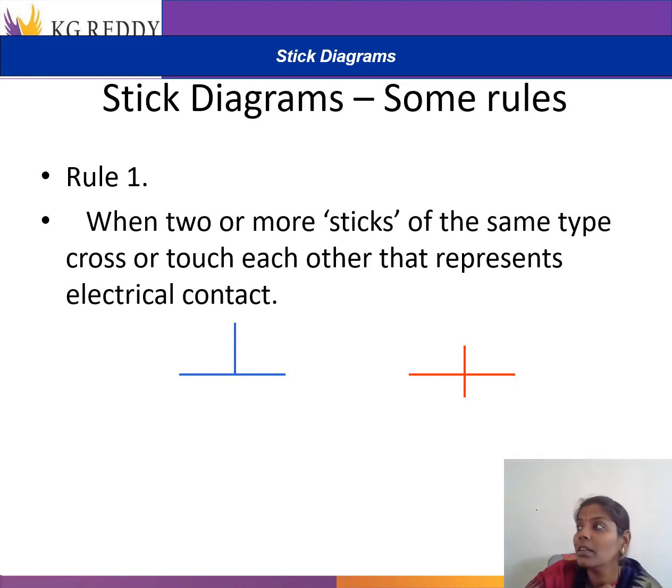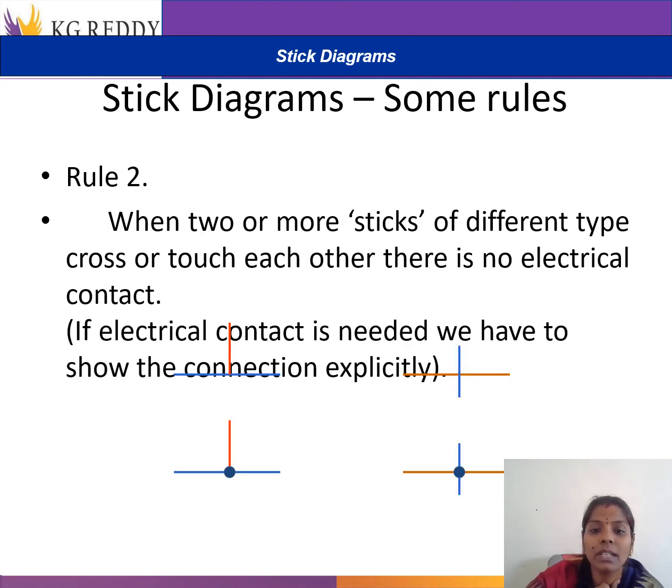Rule 2: when two or more sticks of different types cross or touch each other, there is no electrical contact. If this is touching here, there is no electrical contact. But if an electrical contact is needed, we have to show a connection explicitly. So here the contact we have provided.